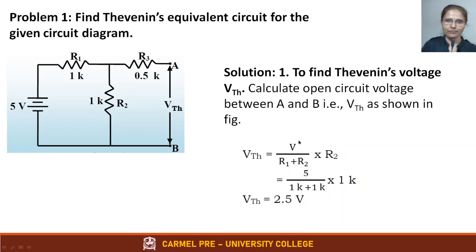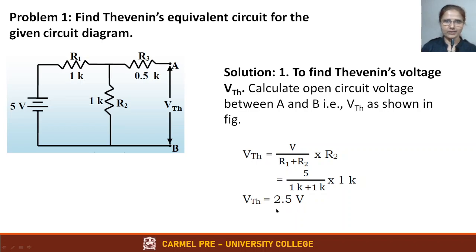See here, V divided by R1 plus R2, into R2. V is 5, R1 plus R2 is 1K plus 1K, R2 is 1K. 1K plus 1K is 2K, into 1K. Kilo cancels out. 5 by 2 is 2.5 volts.